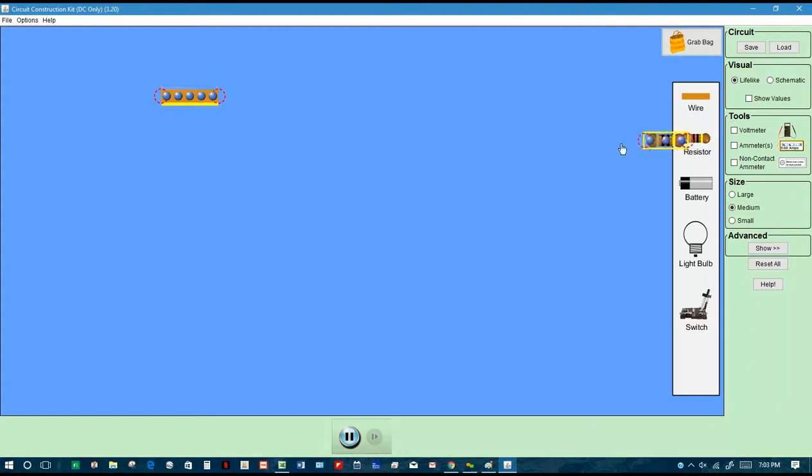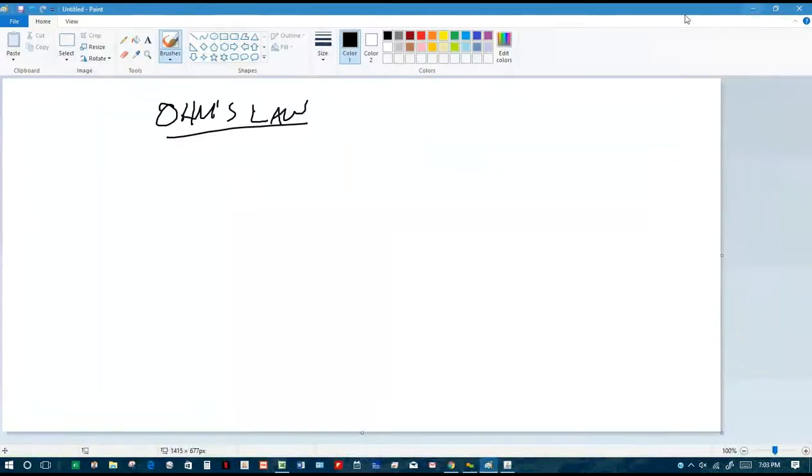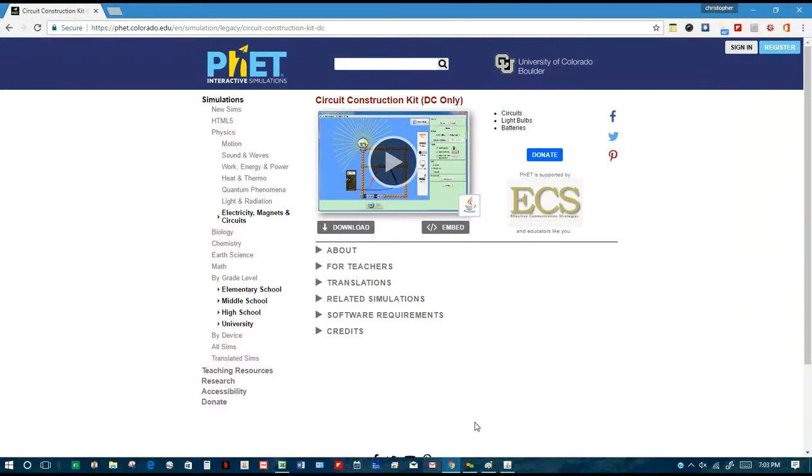So this thing that I just dragged in is called a resistor. Gotcha. And that's actually what they look like. Resistors are generally kind of small. I can show you pictures of real resistors.